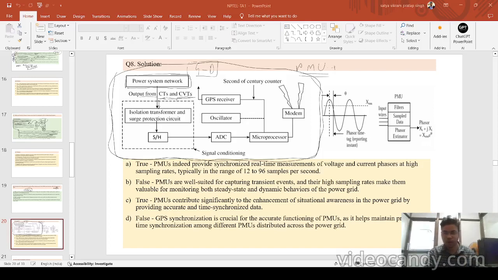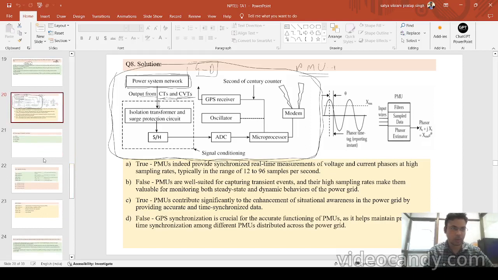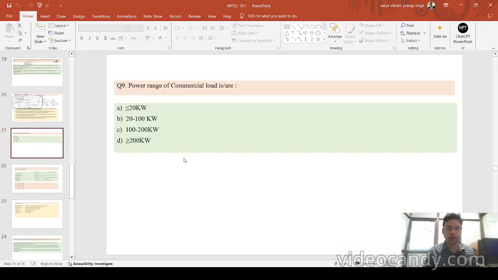Let's move to the next question, and this is a basic problem related to the power range of commercial loads. What is the correct answer? Guys, please try.